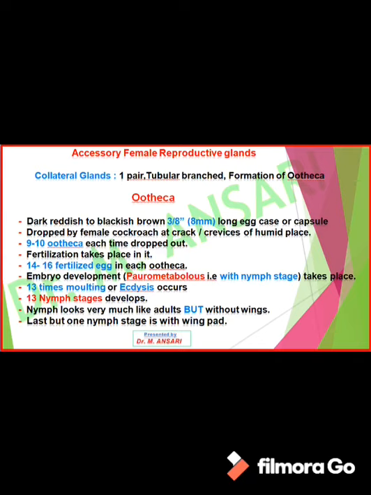The nymph looks very much like an adult but without wings. Molting or ecdysis takes place 13 times, hence 13 nymph stages develop. The last but one nymph stage has wing pads, and from these wing pads wings develop, and that nymph is converted into a cockroach.